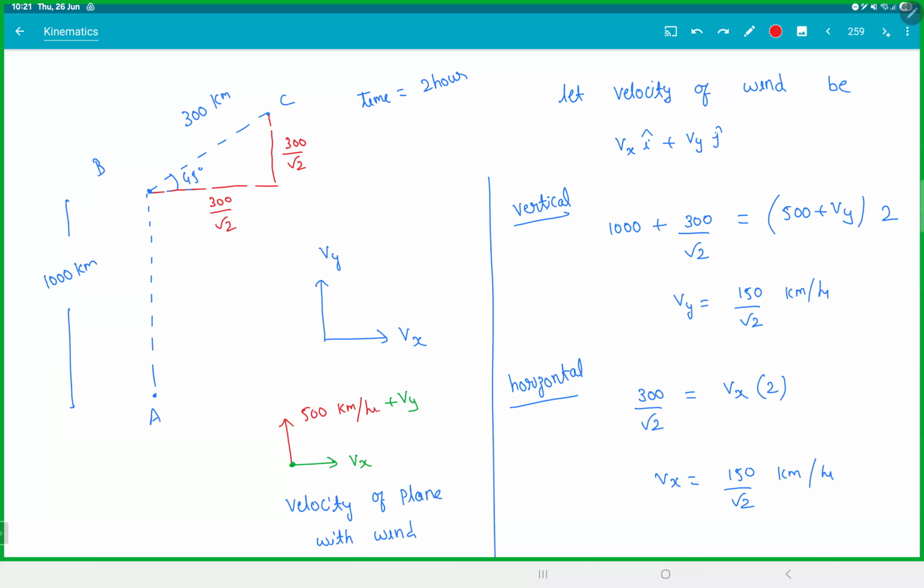Any doubts on this? Any confusion? Srihari, Tanishka, Yashvi, Utsa, Advait?